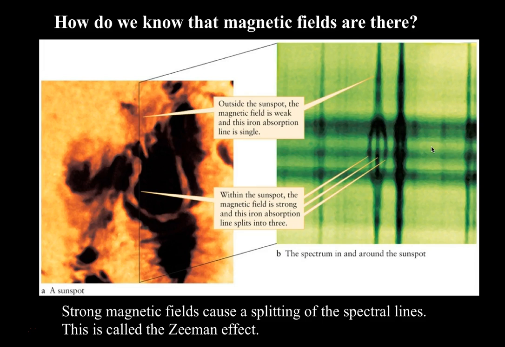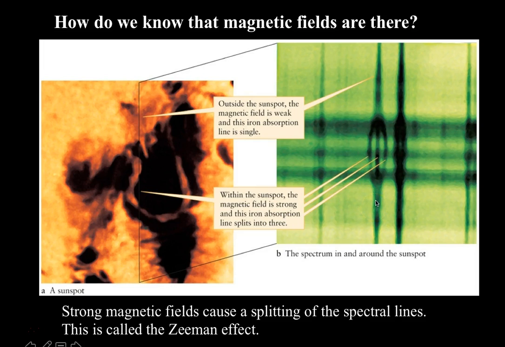Well, how do we know that these are associated with magnetic fields? Well, there is an effect called the Zeeman effect, and if I look at a spectral distribution from any element and I stick it in a magnetic field, then the line will split apart. In this particular case, we're looking at an iron splitting, where it goes from one line to 3, but this need not be the case.